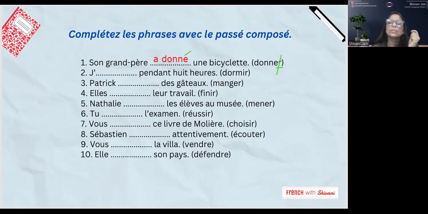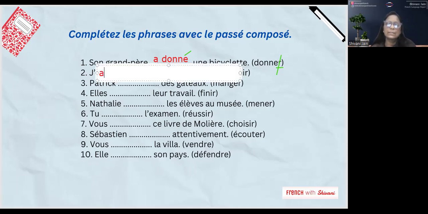Dormir. So you conjugate the auxiliary verb avoir in present, that is j'ai, and then you put the past participle. J'ai dormi. Pendant 8 heures. IR ending verb. What's the rule? We just cancel R and we are left with the participe passé, okay, of the verb dormir.